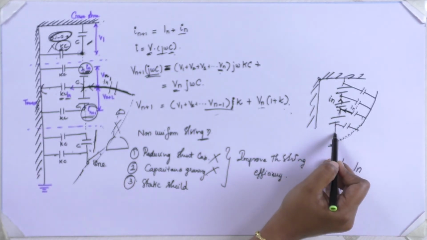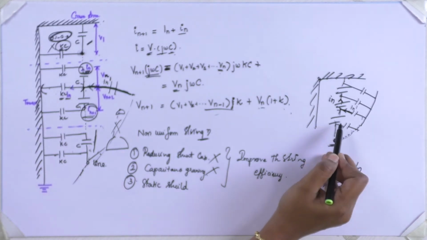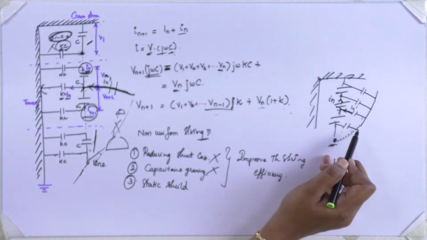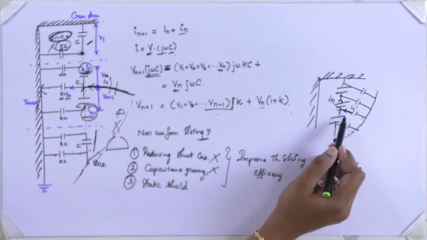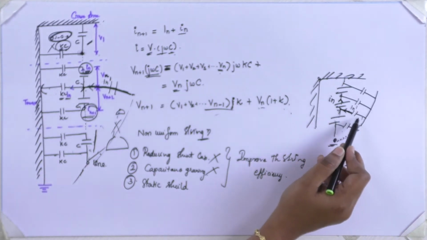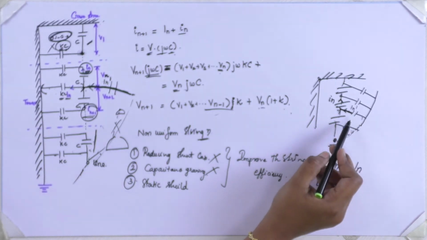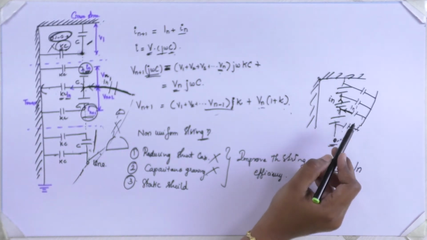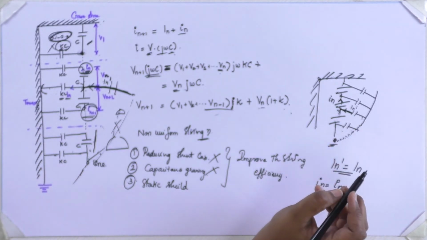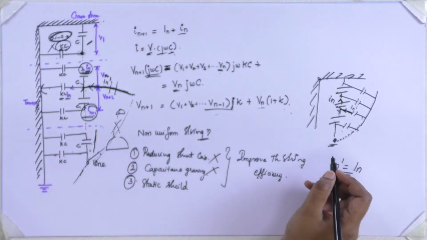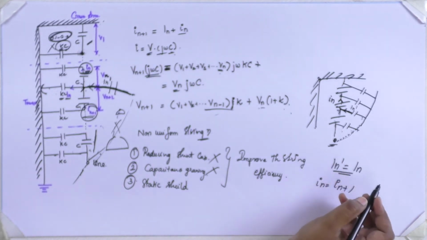Here we have much stress, so the capacitances are placed very near to the cross arm, the insulator and the metal ring. If these currents are equal, then the voltage across these capacitances will be equal. So it will provide a considerable improvement, though it still needs some improvisation in the total string efficiency factor.